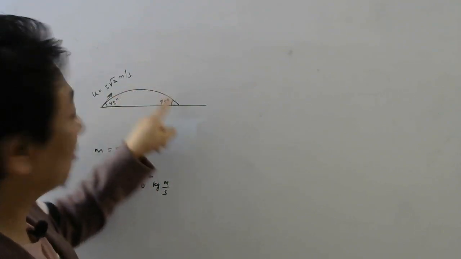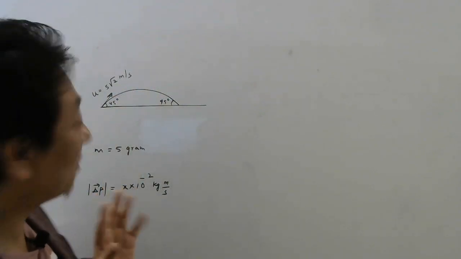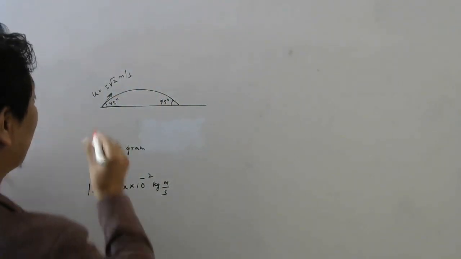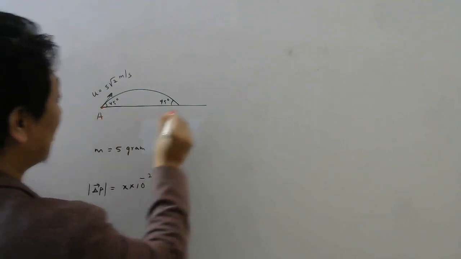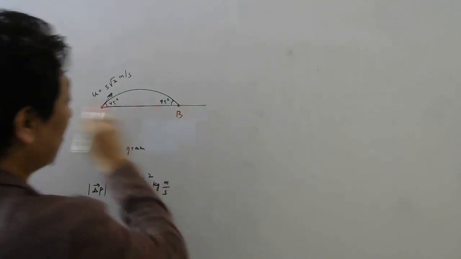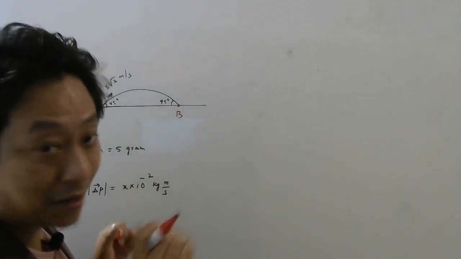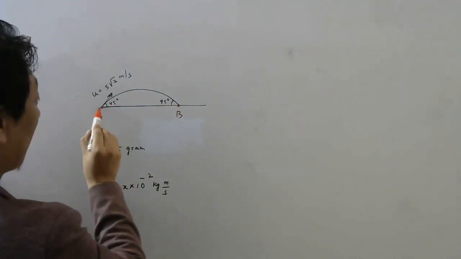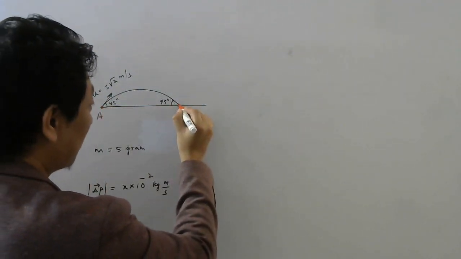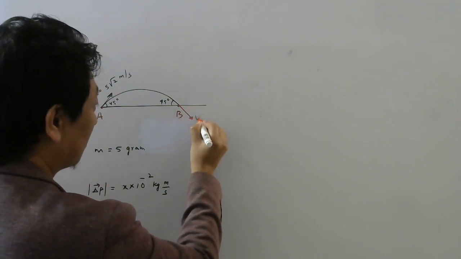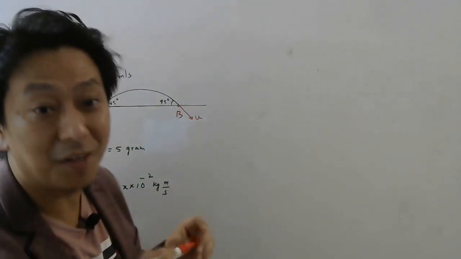Now, this is the path of the projectile as shown in the question. Please understand that this point A and this point B are in the same horizontal level. Therefore, whatever speed it has here, the same speed it will have here also. That is because there is no air resistance.